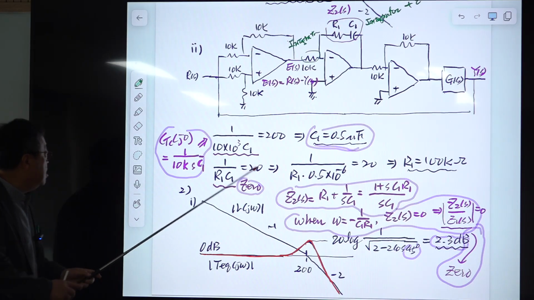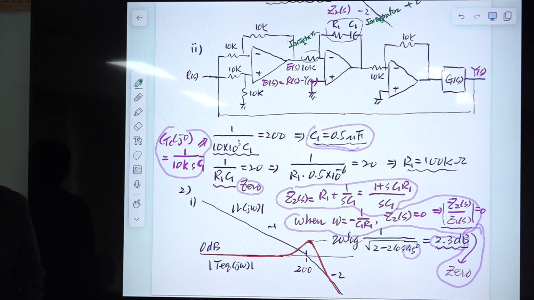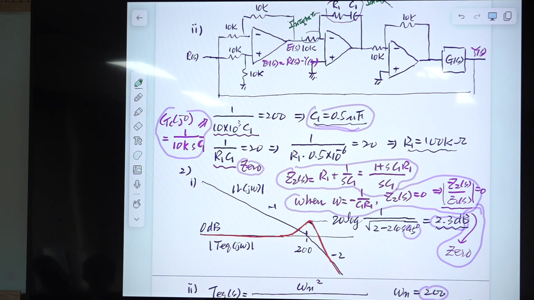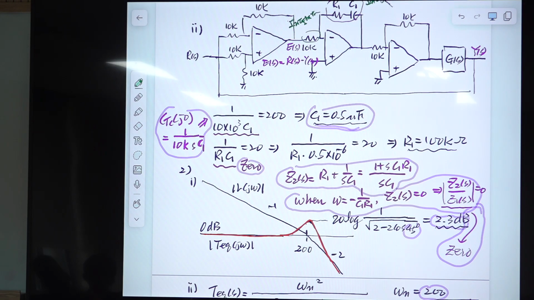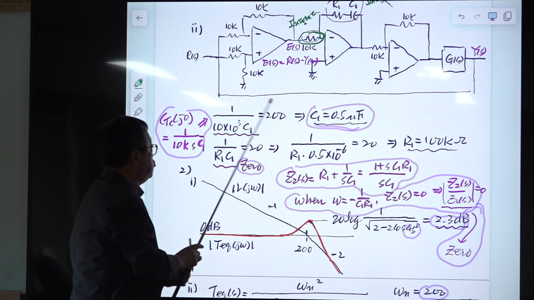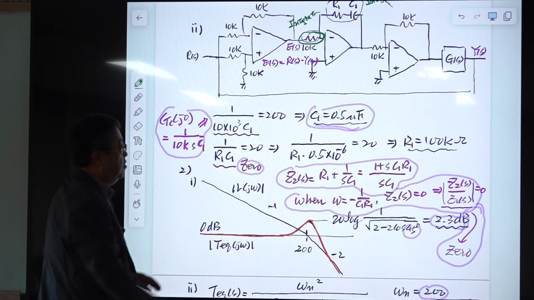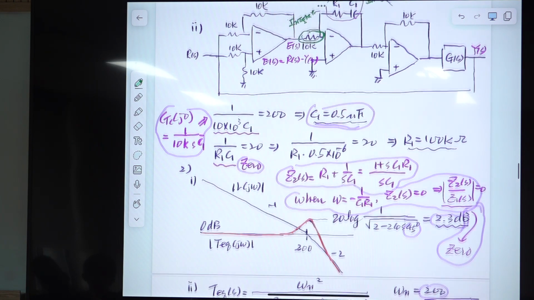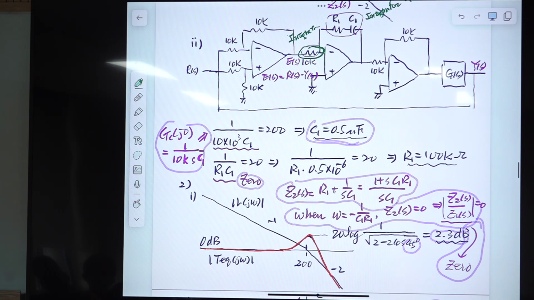So select one resistor of 10K somewhere. I think I already selected this. I already selected this in advance, okay? So then select this, then you do this simple calculation, and you can get this compensation.